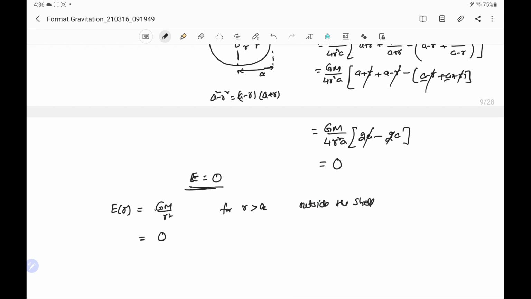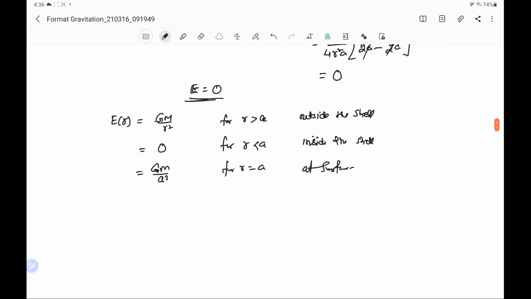It is equal to 0 for R less than A, that is, inside the shell, and at the surface we can say it is GM by A square.